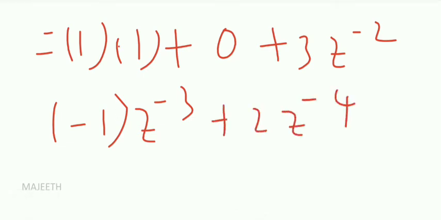So the answer is 1 plus 3 z power minus 2 minus z power minus 3 plus 2 z power minus 4.